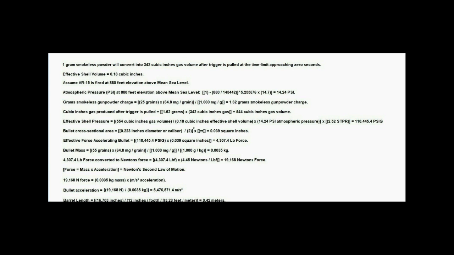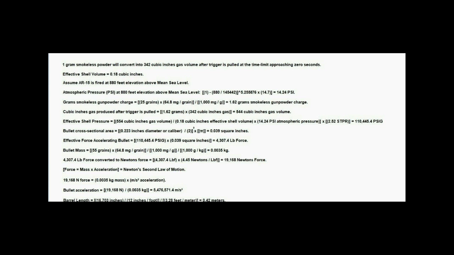Each grain is equal to 64.8 milligrams. So immediately after the trigger is pulled, the 1.62 gram smokeless gunpowder charge will convert into 544 cubic inches of gas volume within an effective shell volume of 0.18 cubic inches.